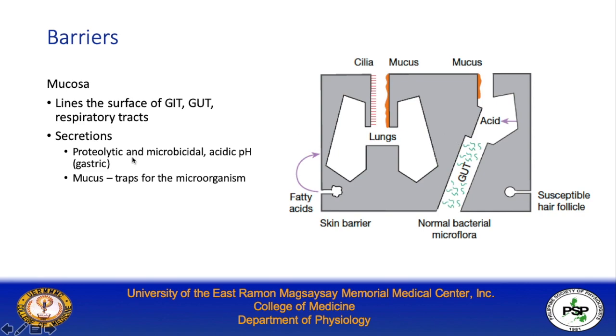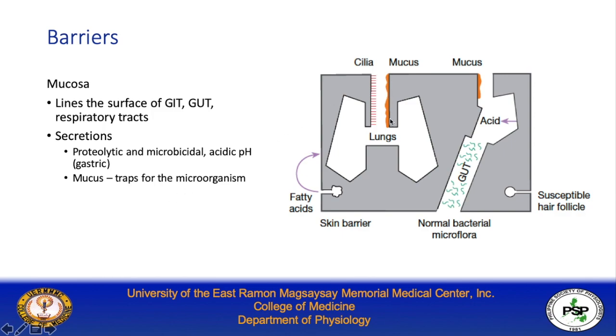Number one, you have a very low pH. An example would be the gastric mucosa, wherein there is hydrochloric acid. So the pH would be very low, which prevents the growth of the majority of microorganisms. Aside from that, in other areas, there are proteolytic and microbicidal factors. And for the respiratory lining, we have mucus, which more or less acts as a trap for the microorganisms.